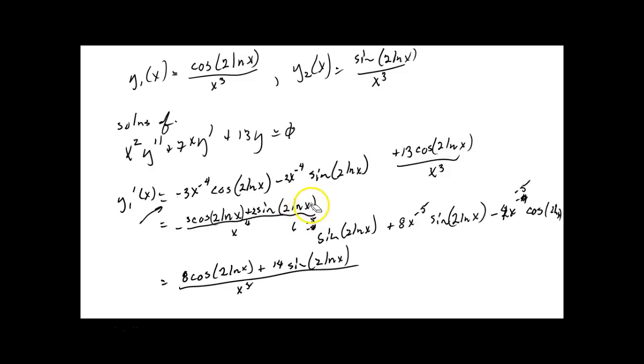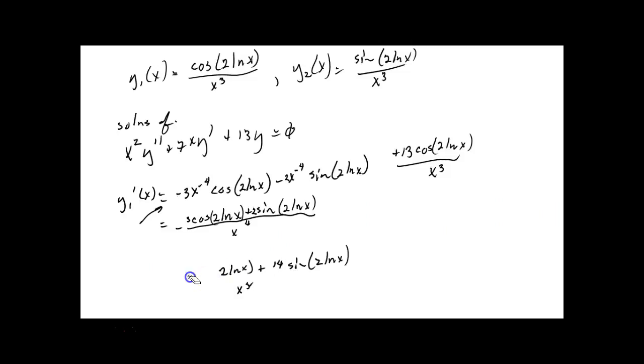I can't tell what these things are. I hope I'm not erasing the wrong things. We needed the first derivative of each of those. We only got the first derivative of that, and we need to do the first derivative of the second one.